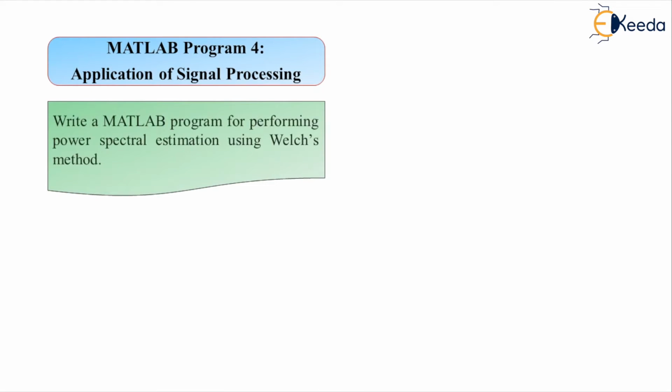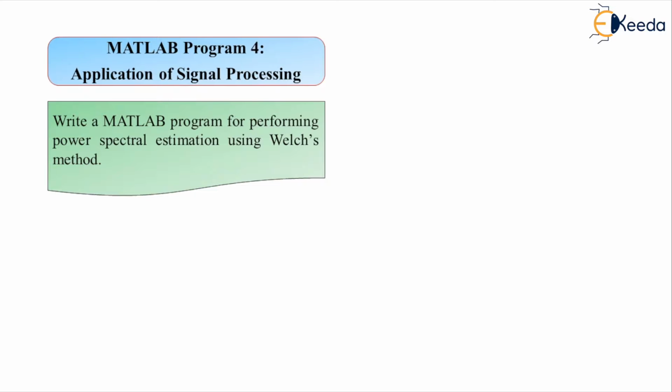So here we start with our topic, Matlab Program 4 Application of Signal Processing. As I discussed, out of the several applications, for this current video we have selected power spectrum estimation, and here is the short and simple task we are going to perform.